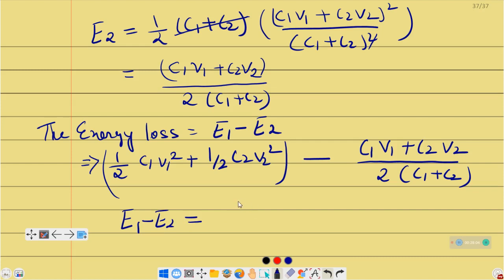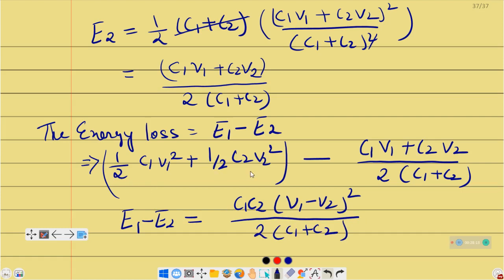You will get the energy loss equal to C1 C2 times V1 minus V2 whole square upon 2 times C1 plus C2. You just have to calculate. Solve that, and you will get E1 minus E2 equal to C1 C2 times V1 minus V2 whole square upon 2 times C1 plus C2.